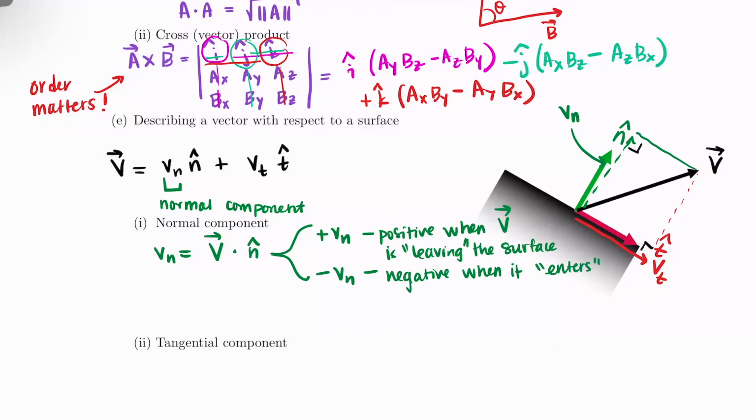All right, the reason for this is because we are using a convention where we're going to set up our unit normal always facing outward from our body, okay?